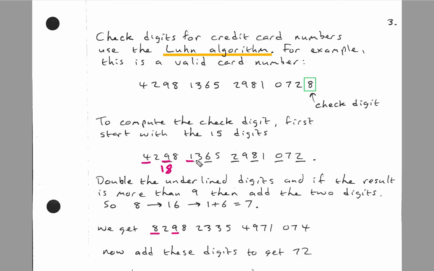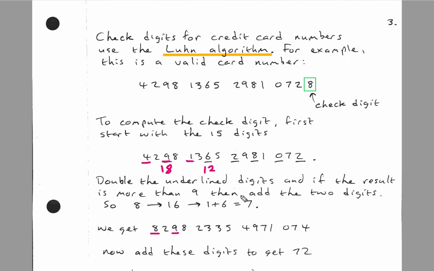Bring down the 8. 1 times 2 is 2. Bring down the 3. 6 times 2 is 12, that's too big, but we can make it smaller by adding the digits: 1 plus 2 is 3.